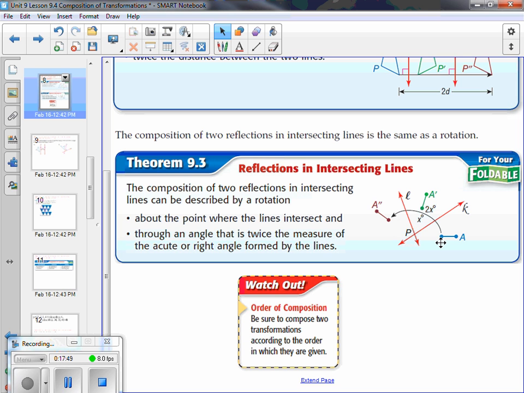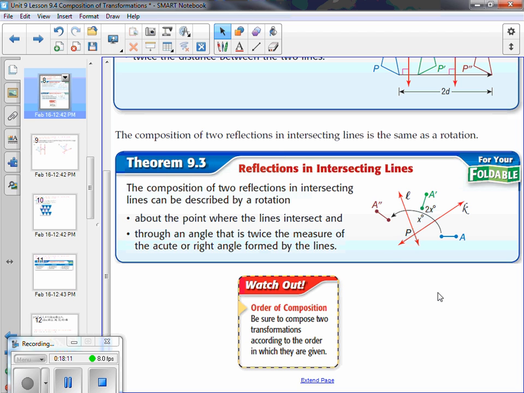Well, you can't translate that blue segment to get the brown one, can you? Okay? So it's the same, though, as a rotation, isn't it? So two reflections in intersecting lines is the same result as a rotation.